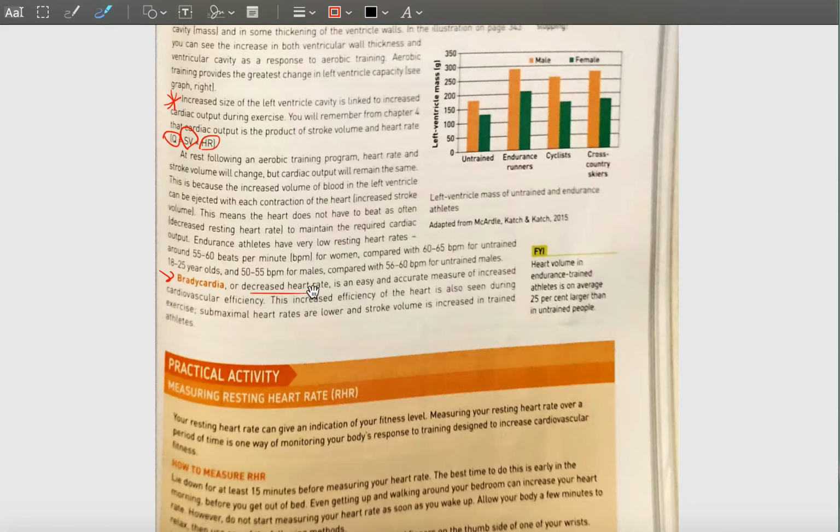So think about this. When we have a highly trained athlete, their heart rate at rest will be much lower than ours. We've heard before how endurance and marathon runners can have a resting heart rate of 50 beats per minute or lower. And our resting heart rate, if I looked at mine right now, might be around that 65 to 70 because I do a fair bit of running.